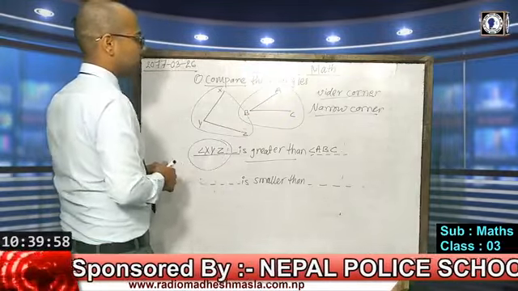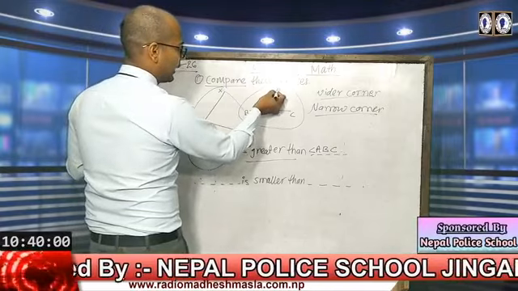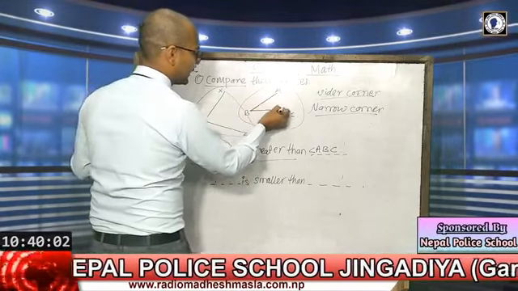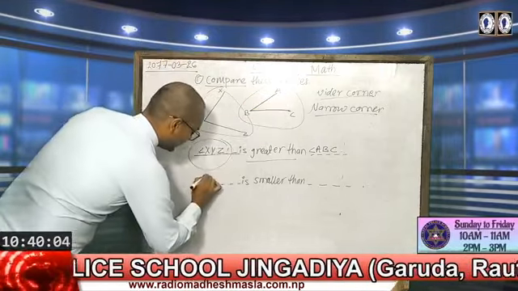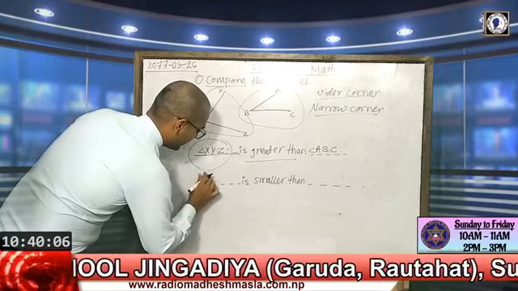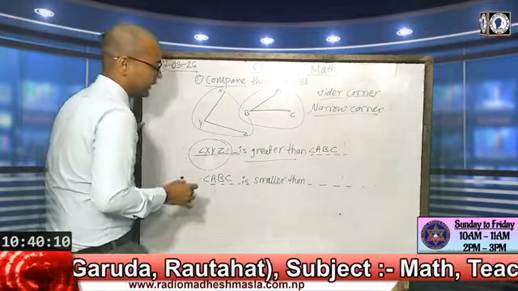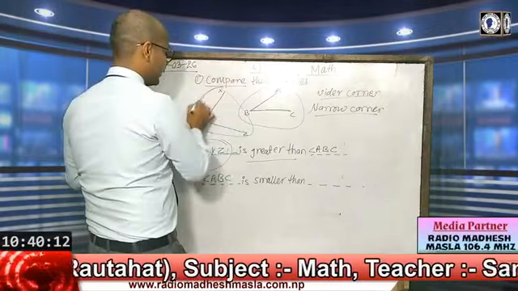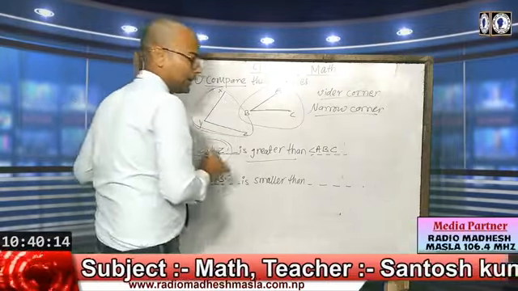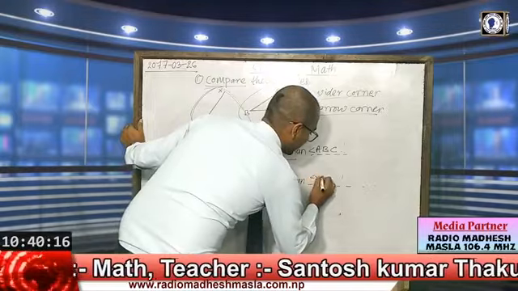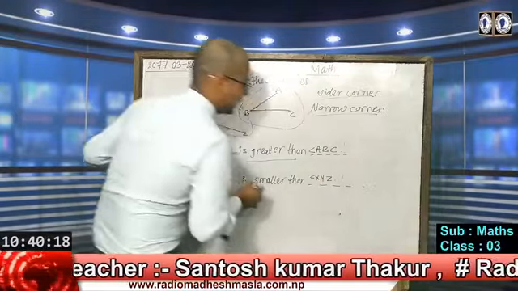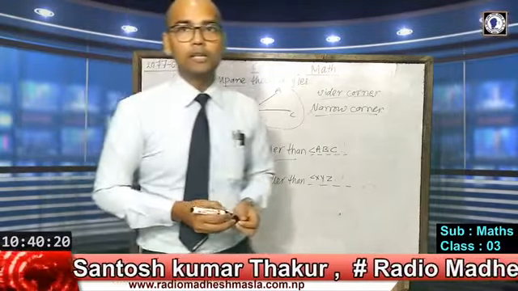The narrow angle or smaller angle is angle ABC, as we defined. So we write the name ABC, then is smaller than which angle? Angle XYZ. In this way we can do these questions.